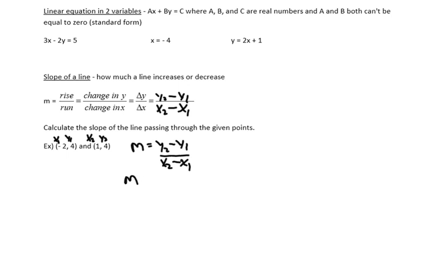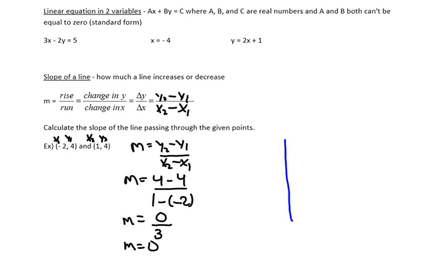So the slope is 4 minus 4 divided by 1 minus a negative 2. Well, 4 minus 4 is 0. 1 minus a negative 2 is 3. My slope is 0. Now, what I would like to do is, what type of line has a slope of 0? Well, I'm going to graph very quickly these 2 points.